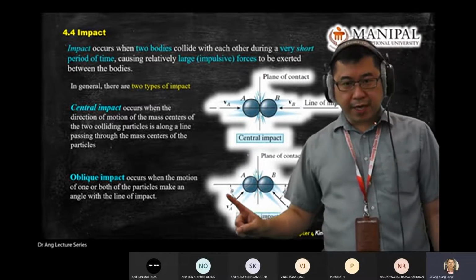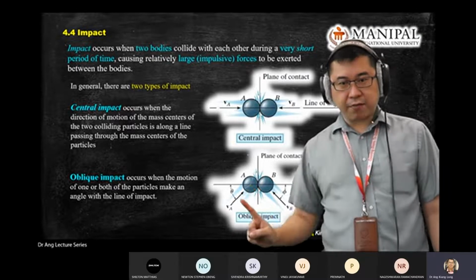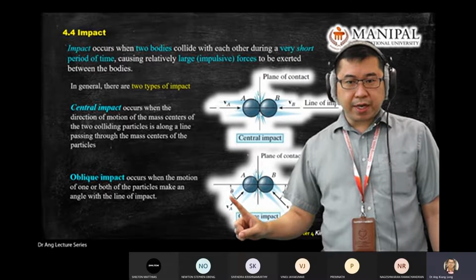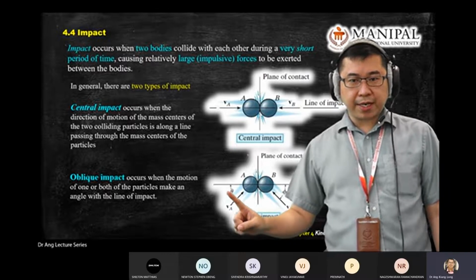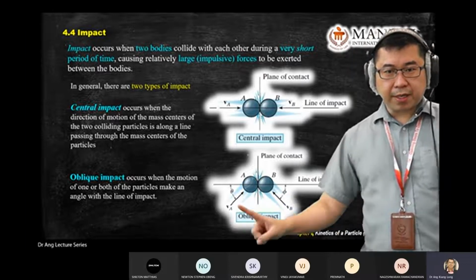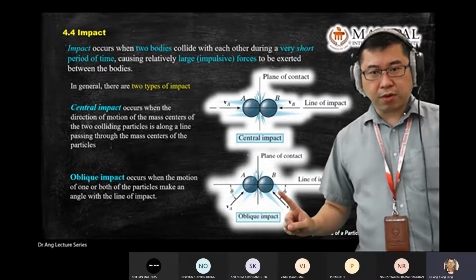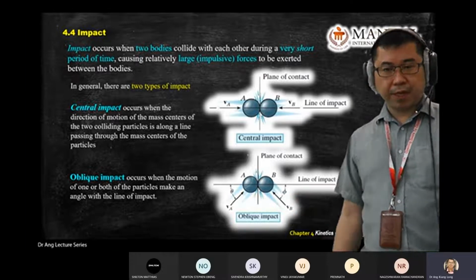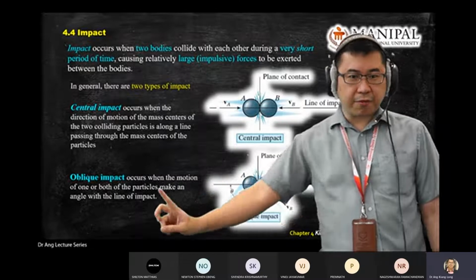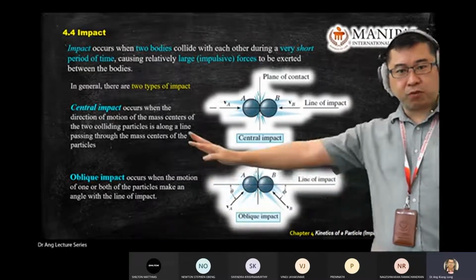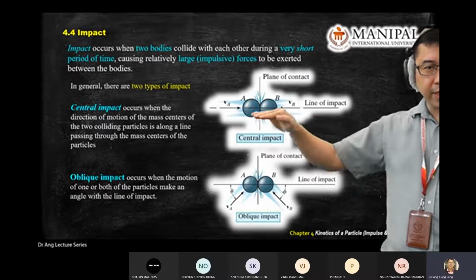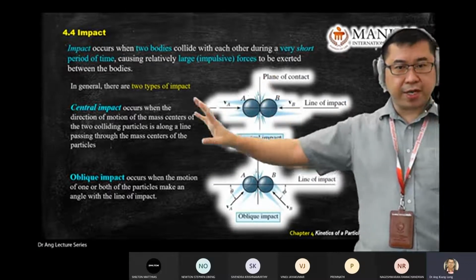For example, A comes with a vector velocity VA, measured from the line of impact at theta 1, theta 2, or they are different angles. As long as one of the members comes with an angle, it falls under oblique. If two members meet together in a straight line, in the line of impact, they fall under central impact.